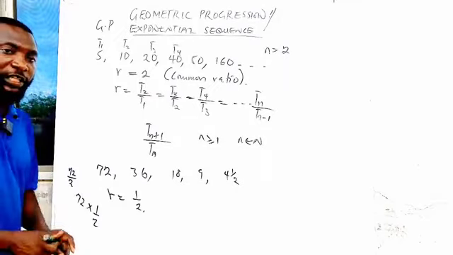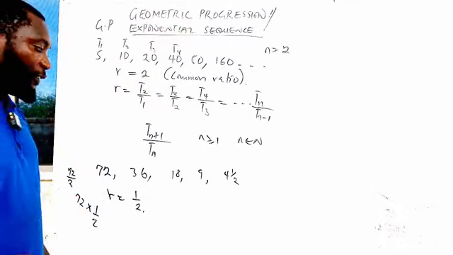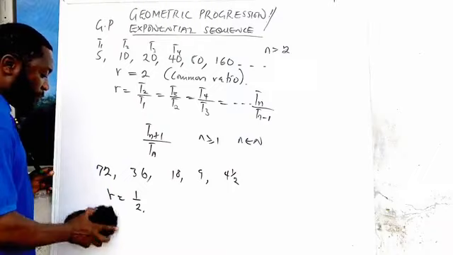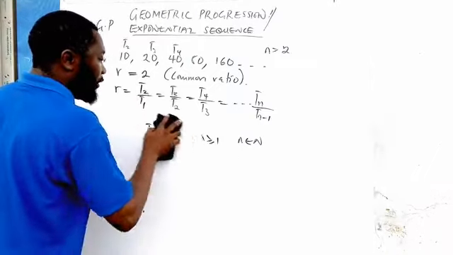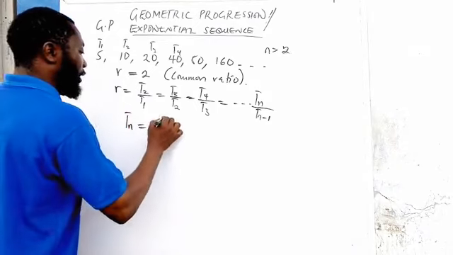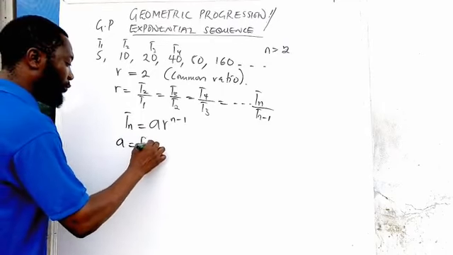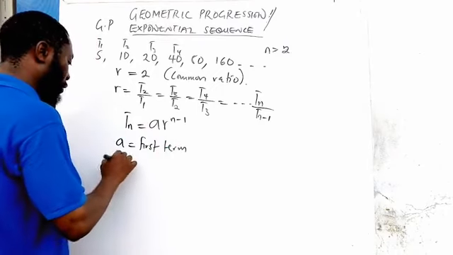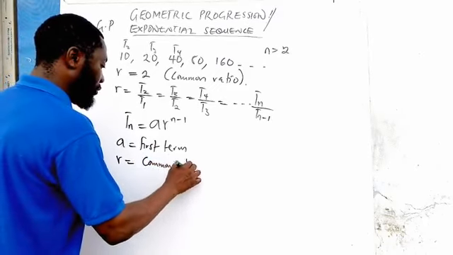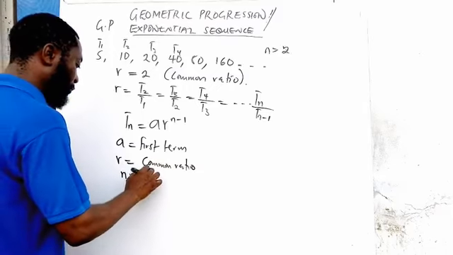So we have several ways in which a sequence can be formed, especially the geometric sequence, likewise any other sequence. Then another thing to add, the nth term of a geometric sequence is given as Tn equals a r raised to the n minus 1, where a is the first term, r, as we have it before, is the common ratio, and n is the number of term.